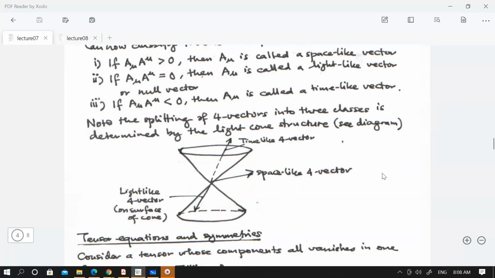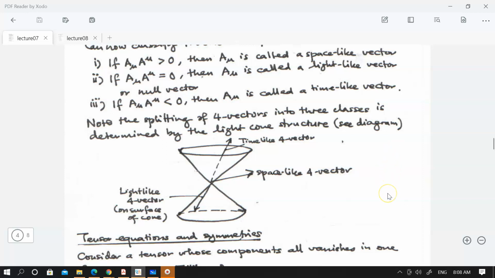And this is perhaps one of the main things that you need to understand in special relativity: your four-vectors will be classified into three different types: space-like, light-like, and time-like. The usual events for ordinary particles will follow a time-like vector, and photons will actually follow a light-like vector. We'll talk about this more later on.